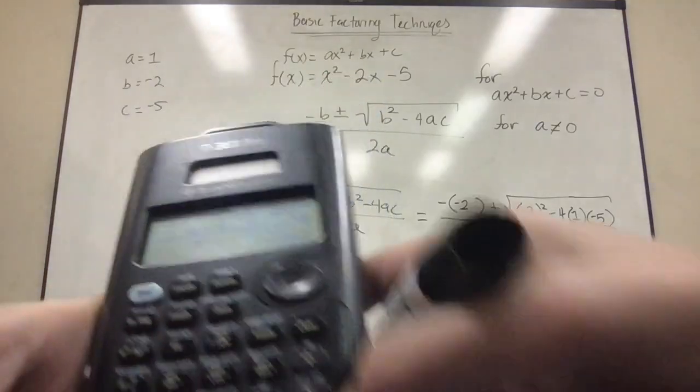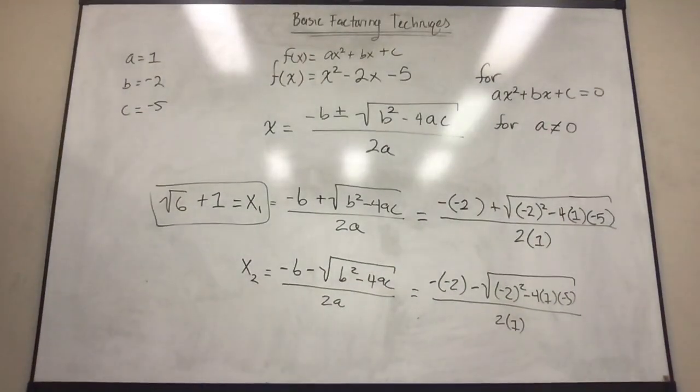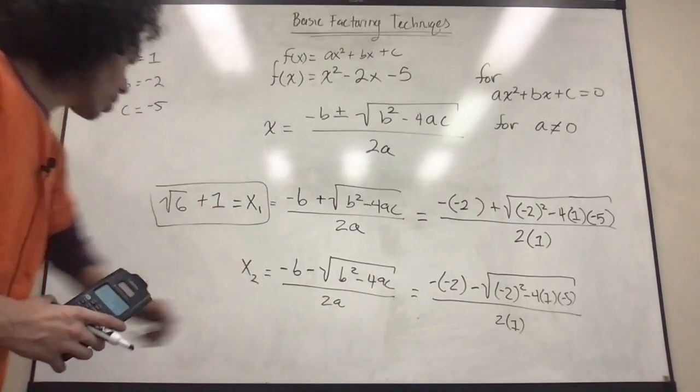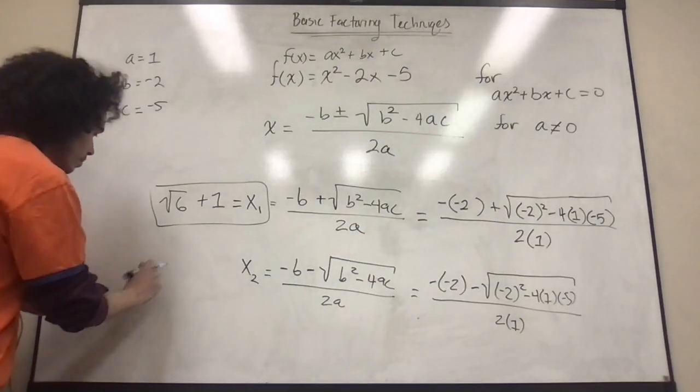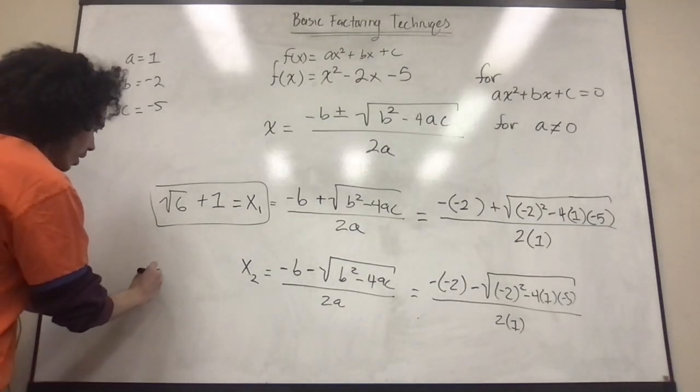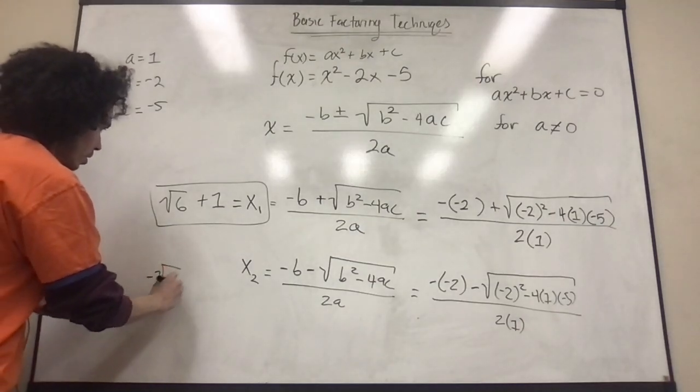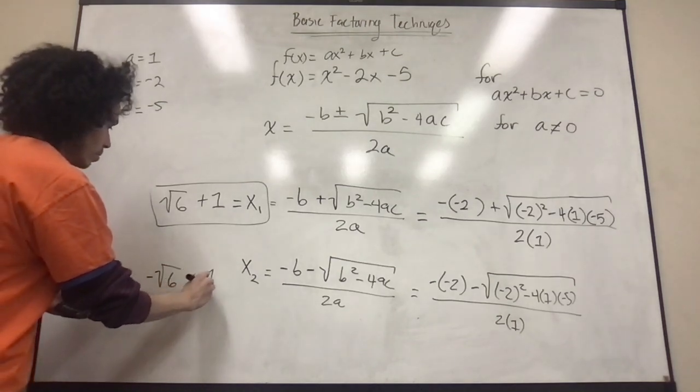That's the only difference between x1 and x2. So there you go. We have a negative square root of 6 plus 1.